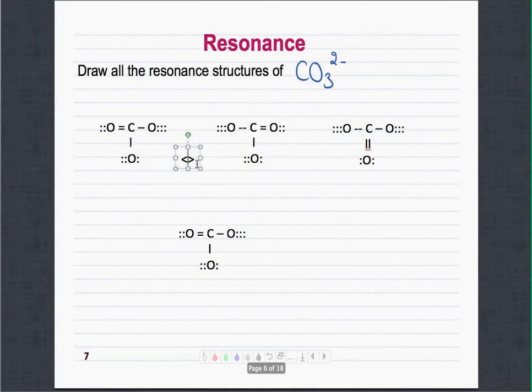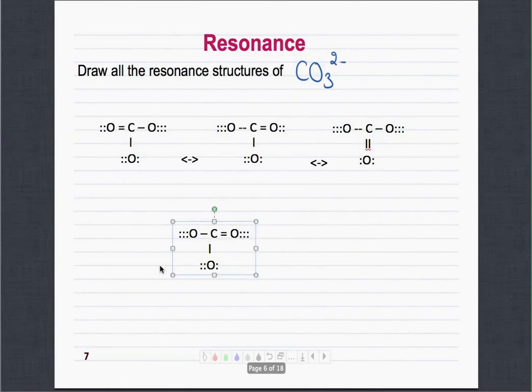With that in mind, the oxygen now is going to have those two lone pairs, coming from this double bond that is now broken and is two lone pairs. And on the carbon, those two lone pairs are going to form a double bond. And this is how I get the first resonance structure.